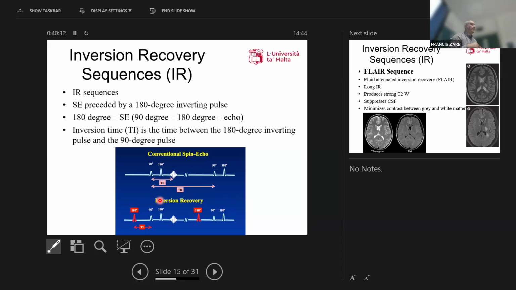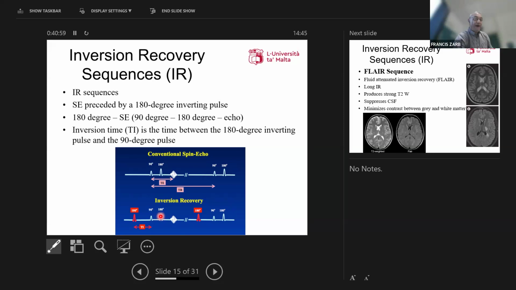And that is inversion recovery. Any sequence that ends up as IR is an inversion recovery sequence, which generally begins with a 180 pulse, followed by the spin echo, which is the 90 and the 180 we discussed first. This is the basic.